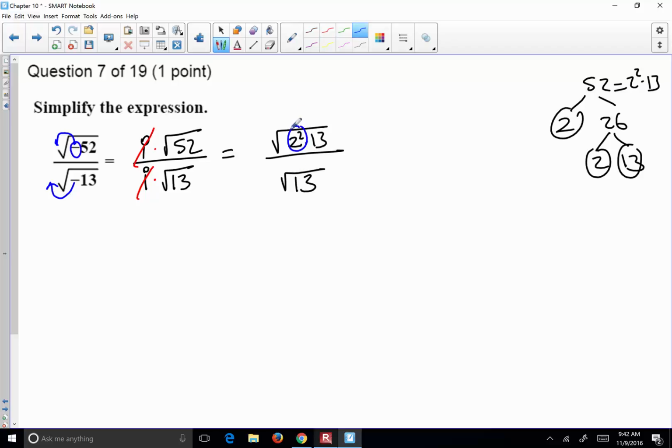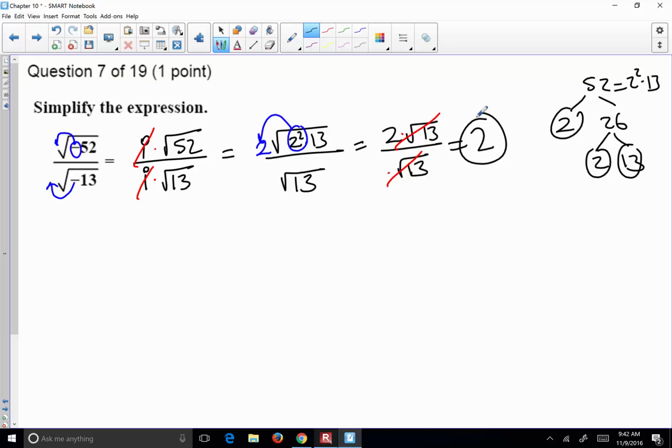But this 2 squared can be taken out as 2, because 2 and 2 cancel. If two radicals on the top and bottom match and multiply other things, you can cancel them. So the answer is just 2. Okay?